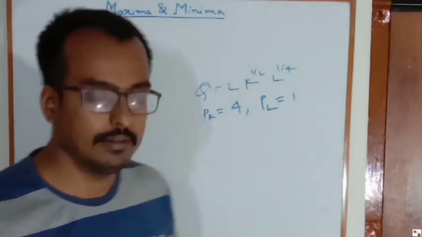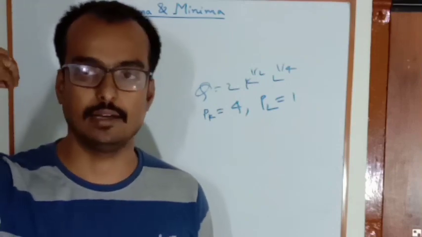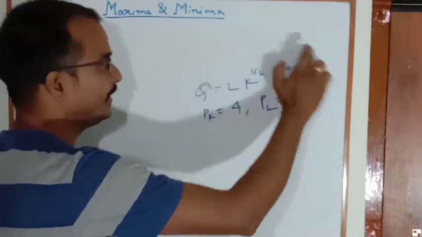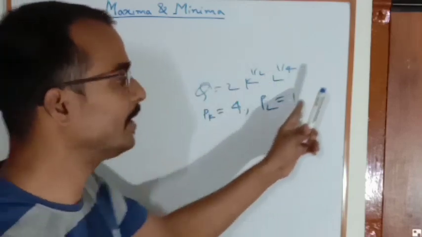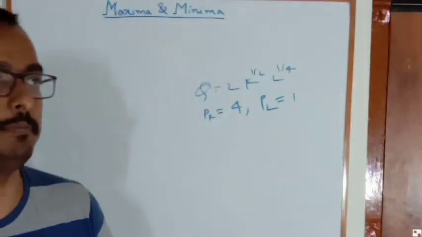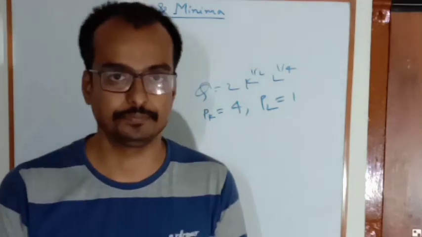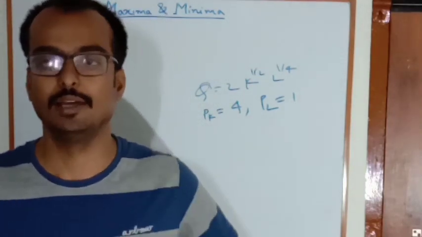Let me read out the question. The question is such that for a firm, the production function is like this, where the price of capital is 4 and the price of labor is 1. Find the profit maximizing level of output. Now, this is a new thing to you, and you will be a little confused.